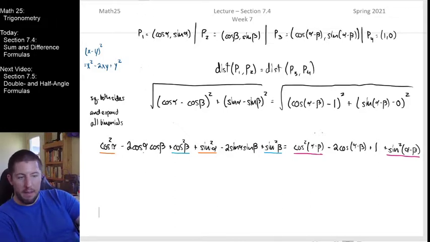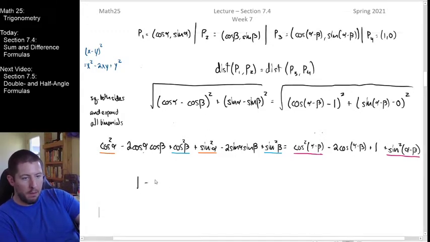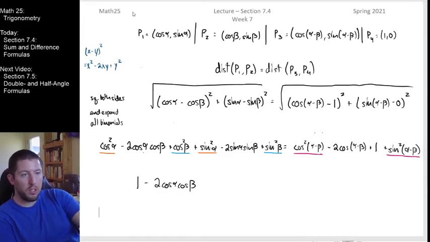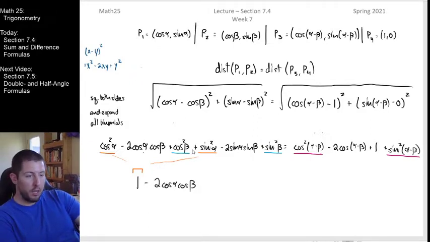So as my first number, I'm going to get 1 from the orange terms right here. Minus 2 cosine alpha cosine beta. So 1 from the orange terms. I'm looking like I'm also going to get a 1 from my blue terms here.